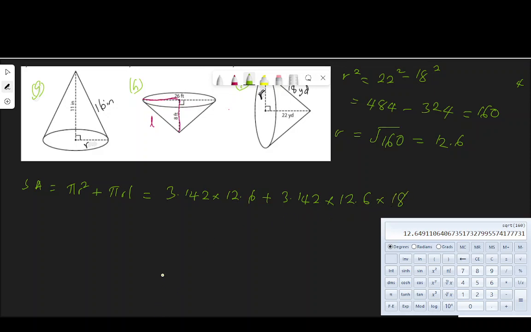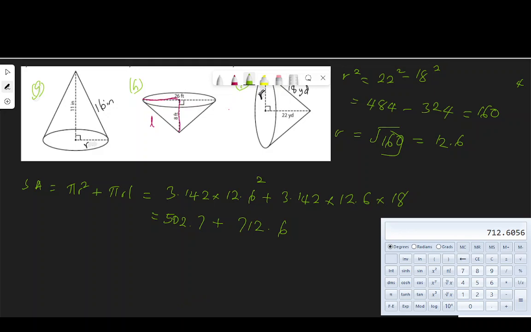Putting that into the calculator, 12.6 squared should give us 160. 160 times 3.142 is approximately 502.7, plus 3.142 times 12.6 times 18, which is 712.6.